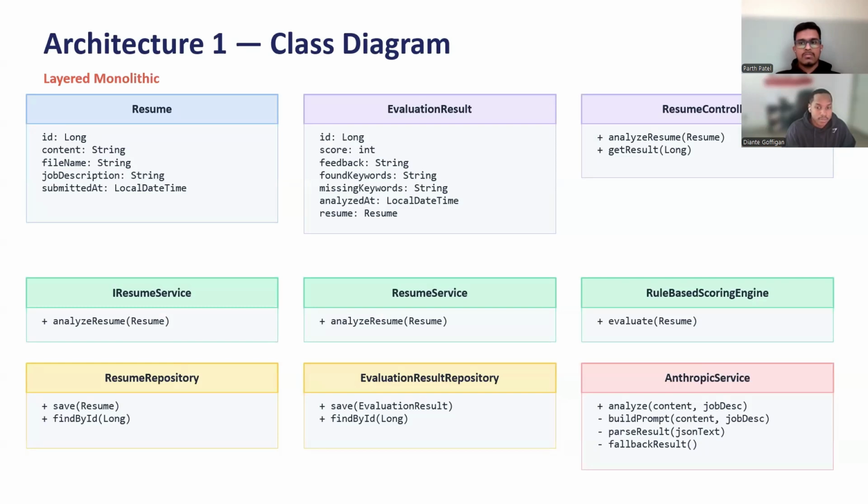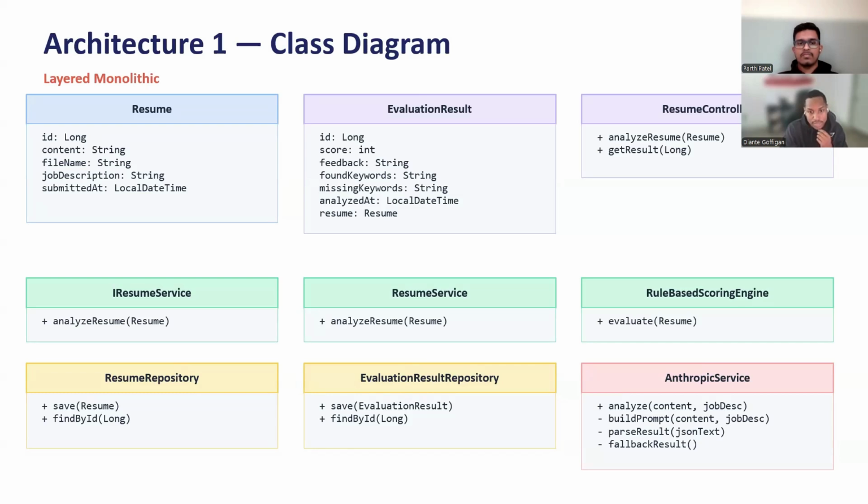So, next slide. Here are the implementing classes. Resume and evaluation result are our plain domain models with no upward dependencies. Resume controller depends on IResumeService, the interface, not the concrete implementation, which gives us decoupling.